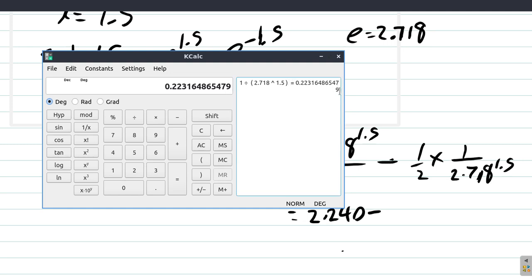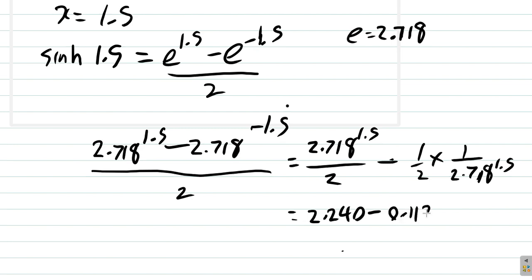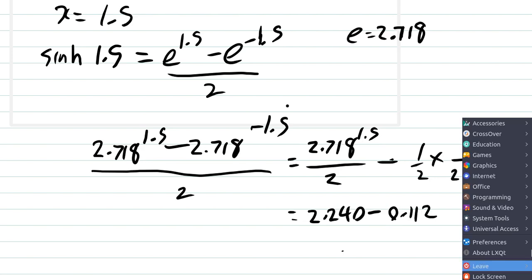And then this over 2, equals 0.111, call it 0.112. All right, so we use this.